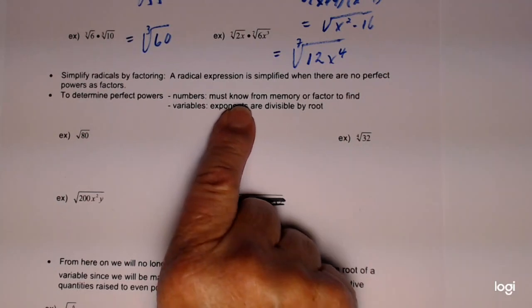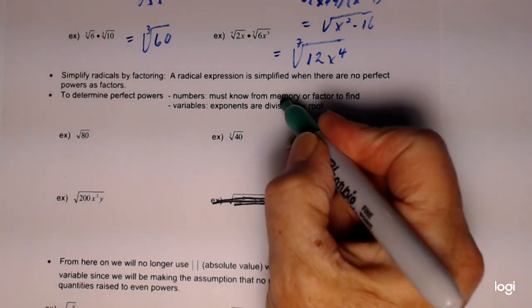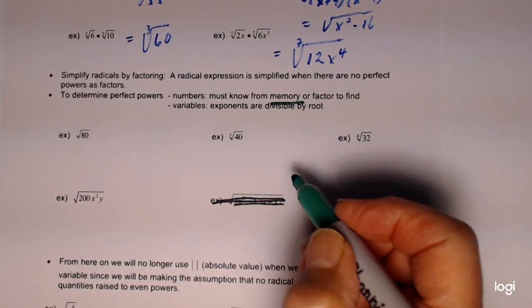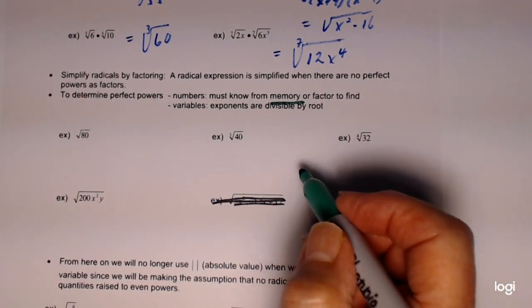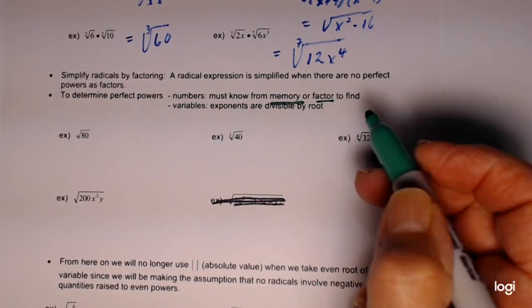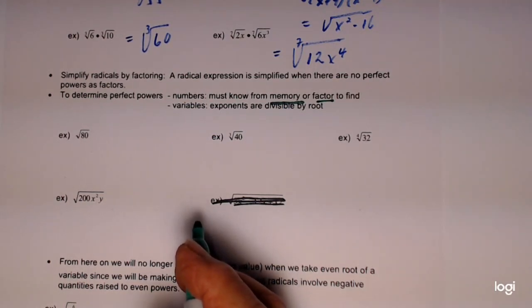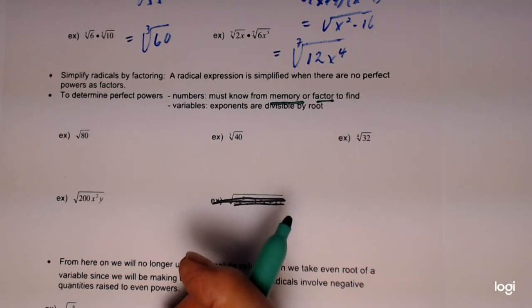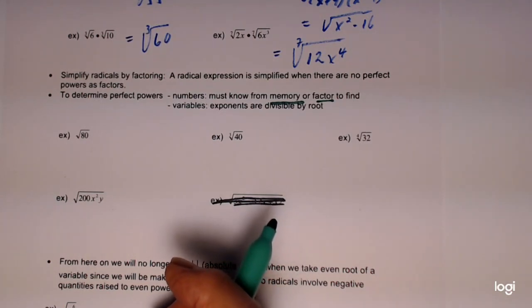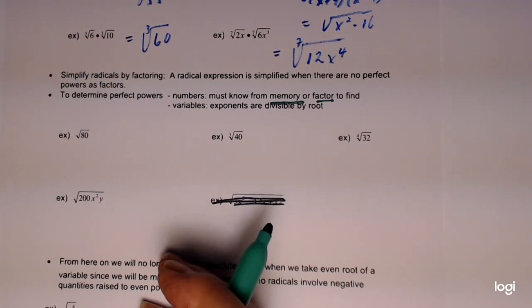Either you have to know it from memory, so you have to recognize what the perfect factors might be, or if you're not able to do that, then there's a factoring technique we're going to look at to figure out what we could pull out from underneath the radical. The coefficients are going to be the more challenging to deal with because we're going to have to either know perfect powers of numbers or go through the factoring.